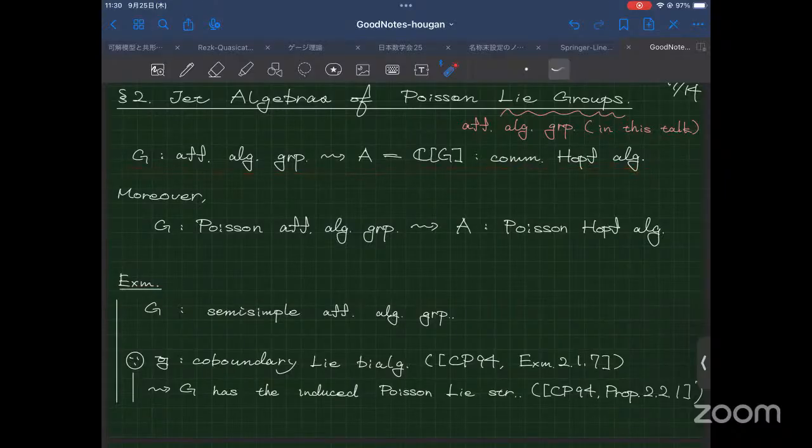Moreover, if G has a Poisson structure, then the coordinate ring forms a Poisson Hopf algebra. For example, if G is a semi-simple affine algebraic group, then it has a Poisson Lie group structure.